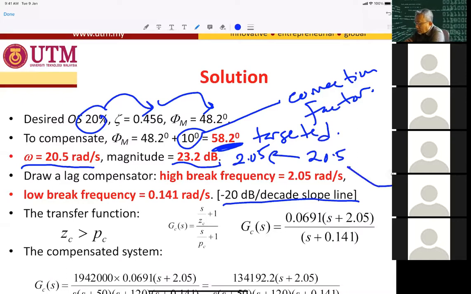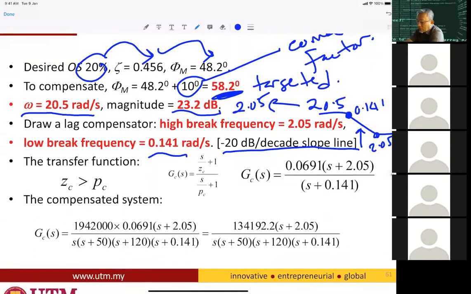This gives you 0.141, and this one is 2.05. So the transfer function has now been designed where ZC is 2.05 and PC is 0.141. ZC is greater than PC.